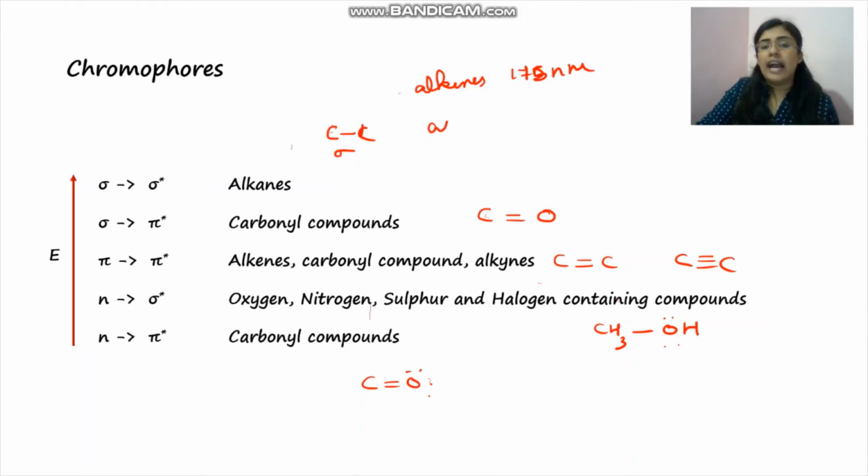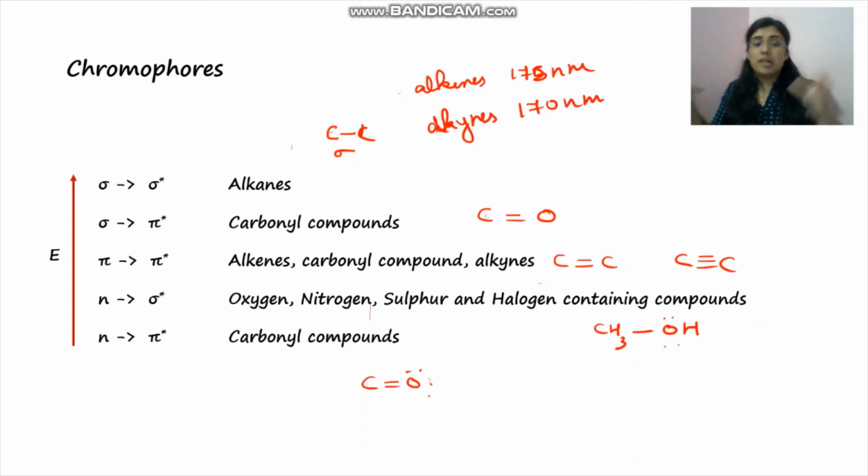And for alkynes, my value would be around 170 nanometer. Similarly, carbonyl compounds would give from some 200 to 220. Each of the transitions, whether sigma to sigma star or n to sigma star, would occur at a characteristic wavelength.